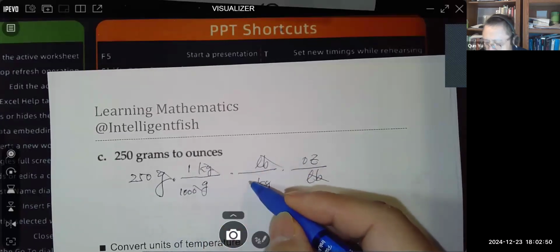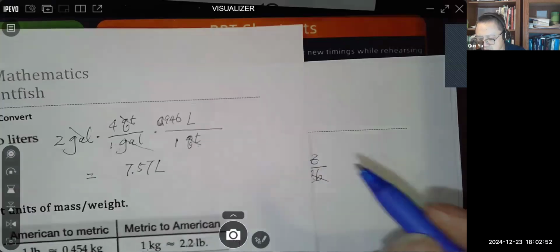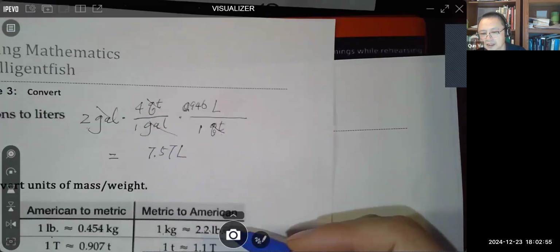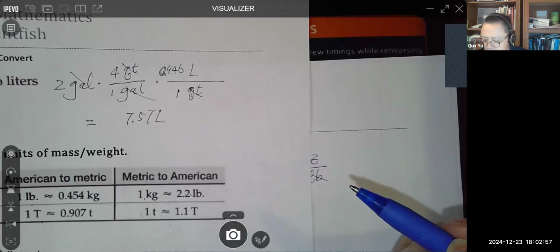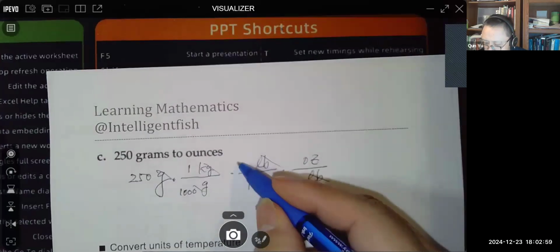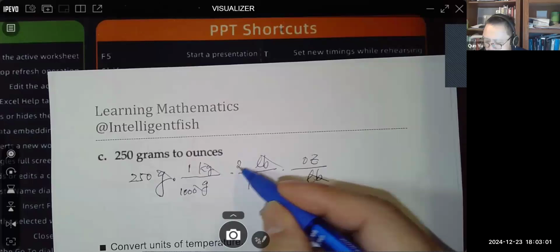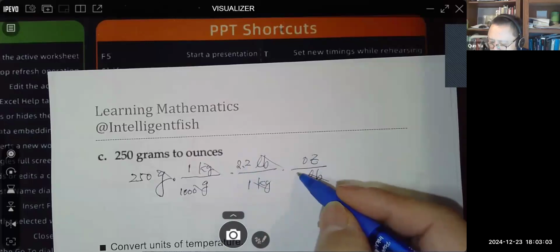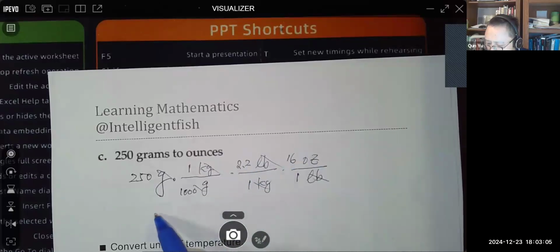1 kilogram equals 2.2 pounds, right? So 2.2 pounds. And 1 pound, 16 ounces. Now, we multiply this and divide by 1,000.